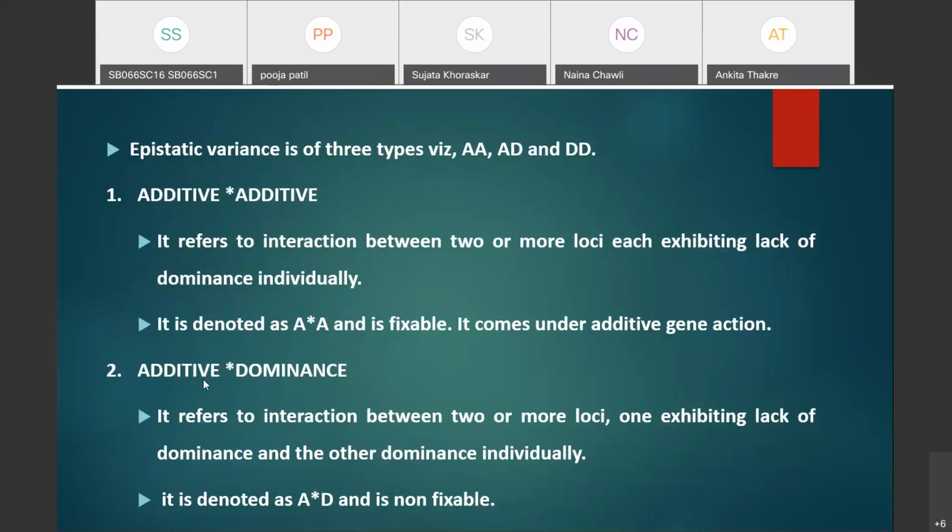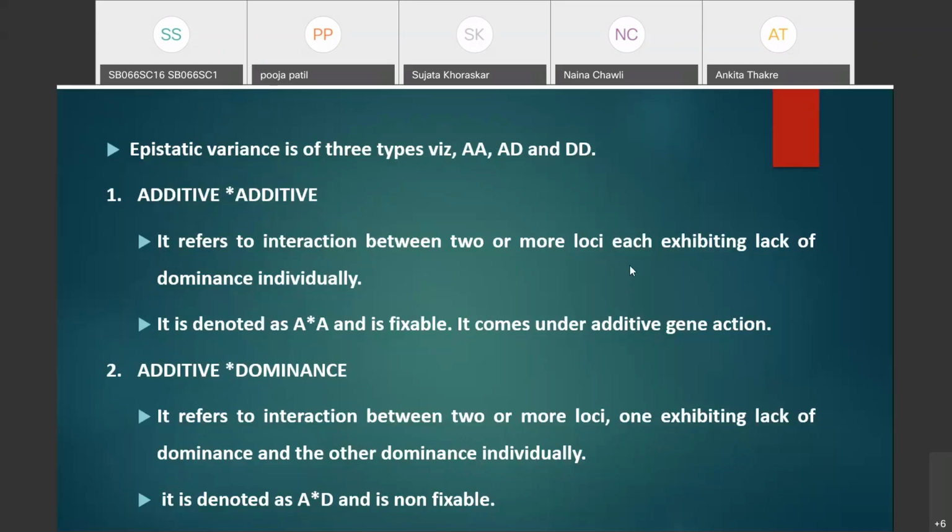Then the additive into dominance epistatic variance refers to the interaction between two or more loci, one exhibiting the lack of dominance and the other dominance individually.